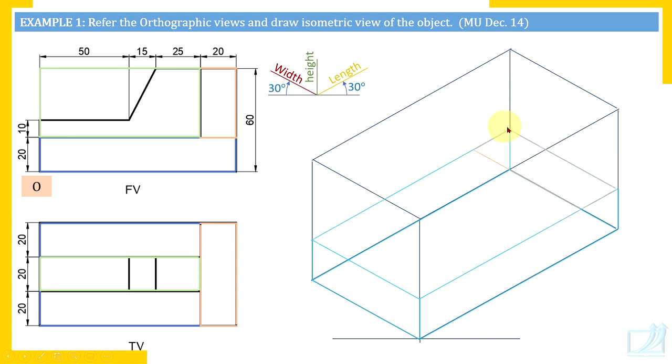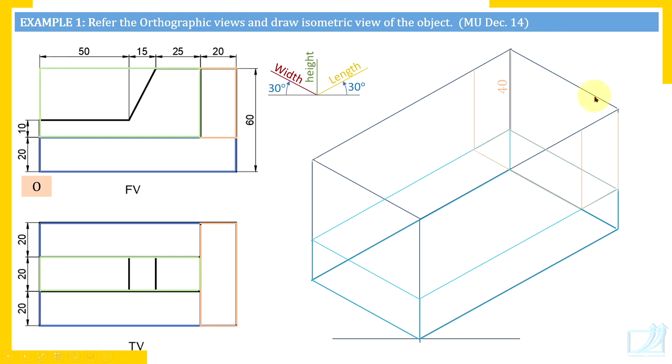Now from all these four corners, draw vertical edges. So this is how I have drawn vertical edges of length 40. Of course, you need not measure that 40 millimeter length because this plate has height up to the top of the entire body.